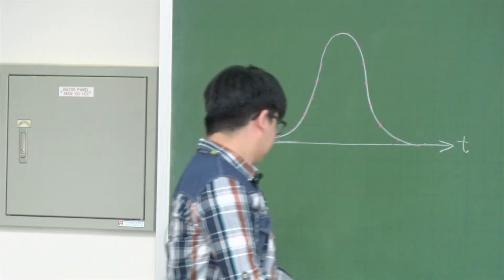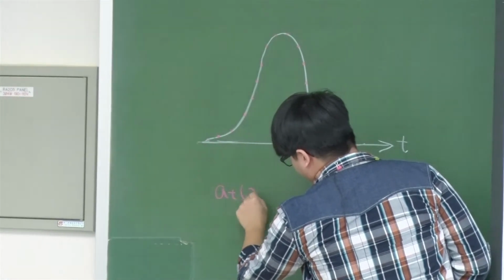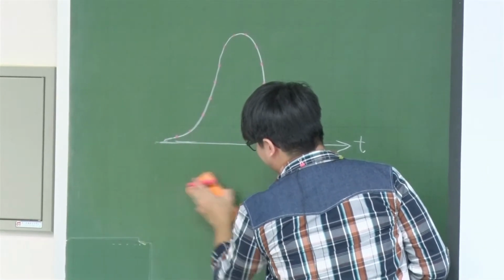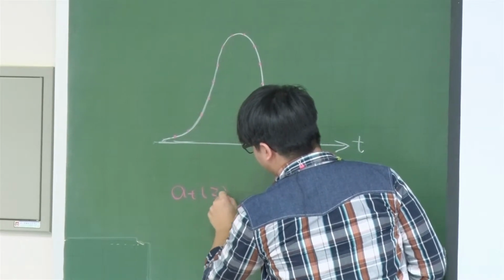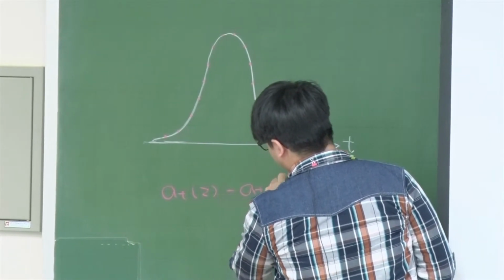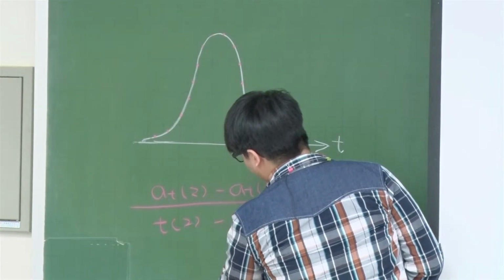AT2, well not AT2. Okay, let's write AT2 minus AT1, divide by T2 minus T1, right?